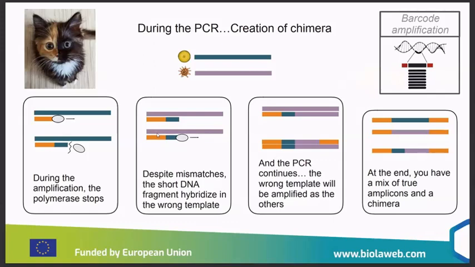And it's because you have multiple different sequences, different species, in your sample at the beginning. So you will have a sequence where the first part is from this species, and the second part is the sequence of this other species. And this is not a true sequence that was present in your sample at the beginning. It's an artificial sequence, so you want to remove it.